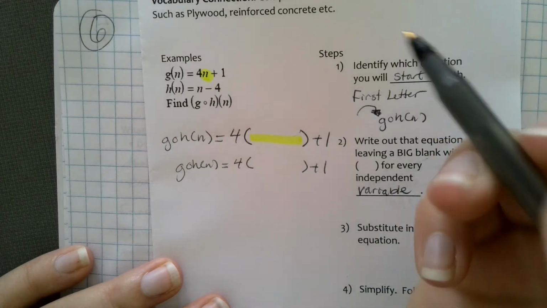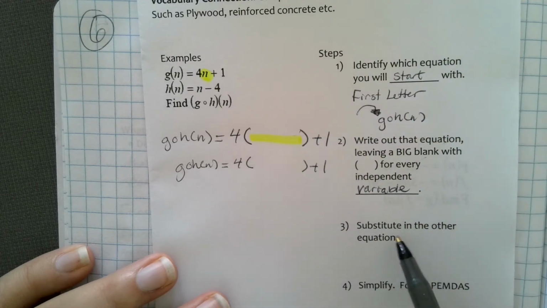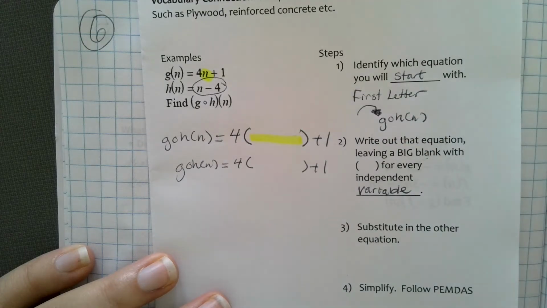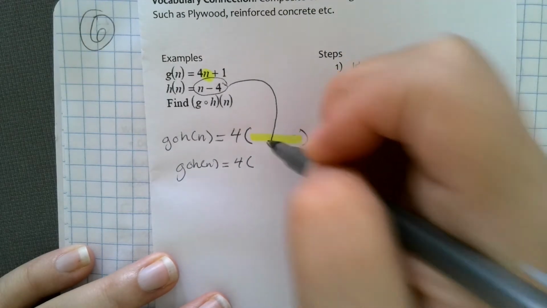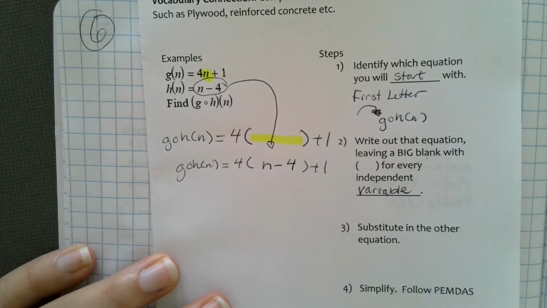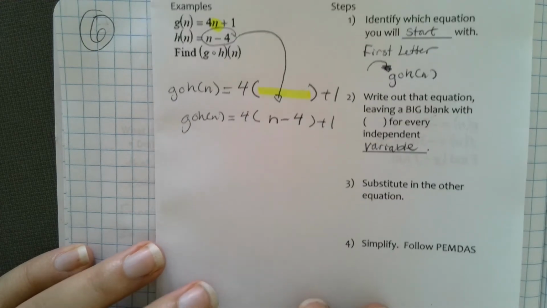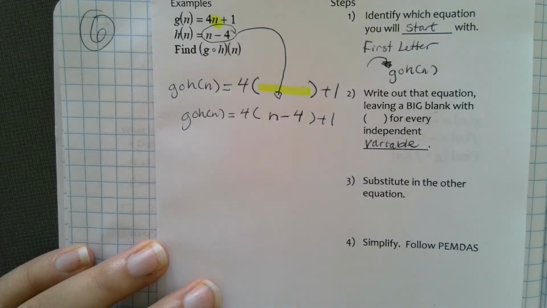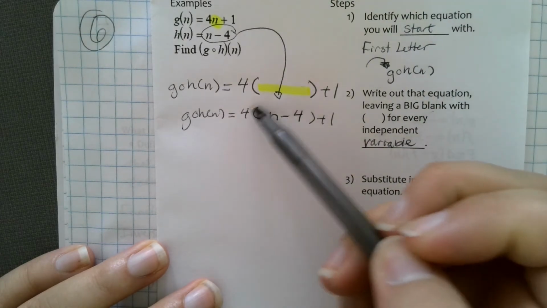Okay, so now we're going to take the other equation and put it in. So we're going to take this whole equation, the n minus 4, and we're going to put it right here. What's it called when I have a number in front of parentheses like that? What do I do when I distribute?